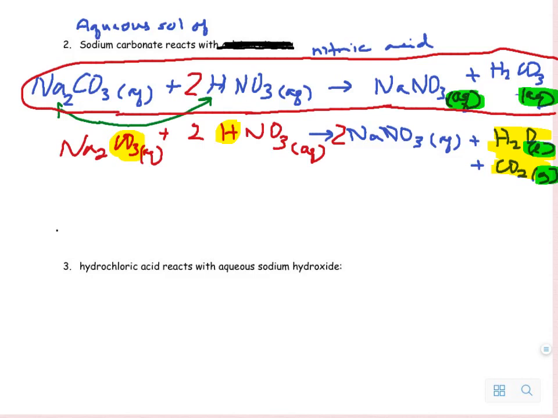They're quite irrelevant to the reaction. They remain aqueous. So sodium as an ion and nitrate as an ion, those two would be considered spectator ions, not all that important.